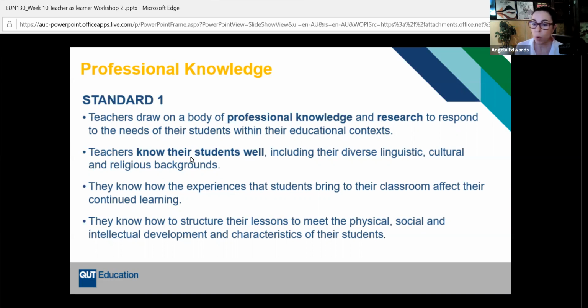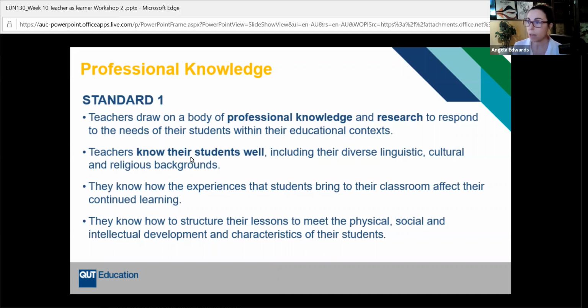The third point: know how the experiences that students bring to their classroom affect their continued learning. So this would involve a commitment to tailoring your planning to the needs of individual students and to the specific learning context.